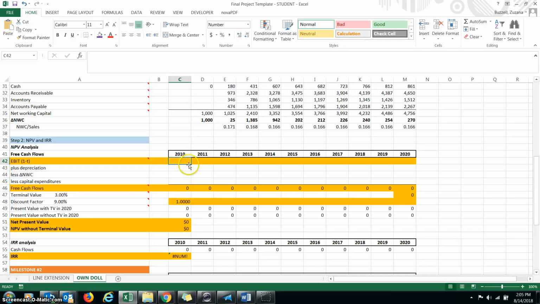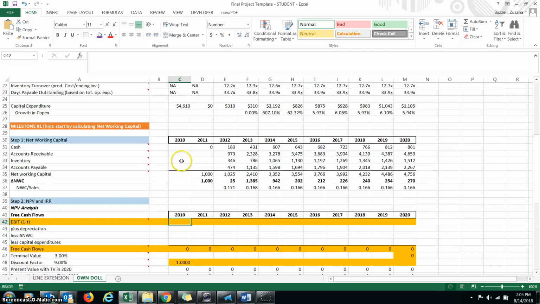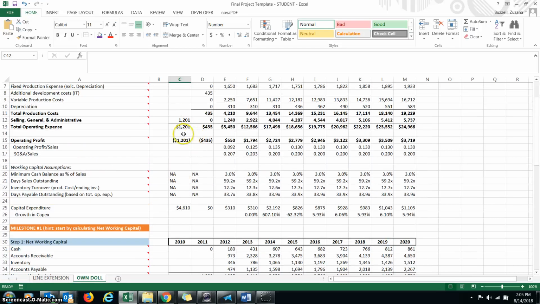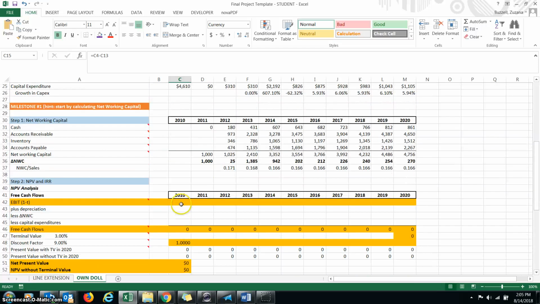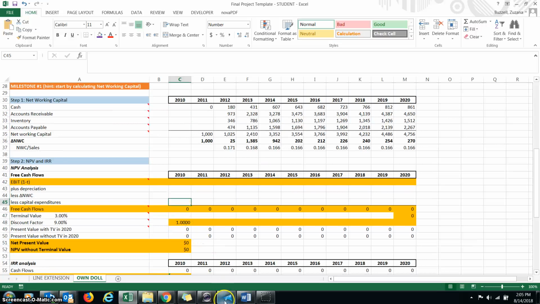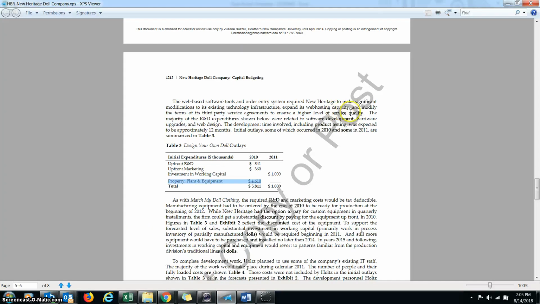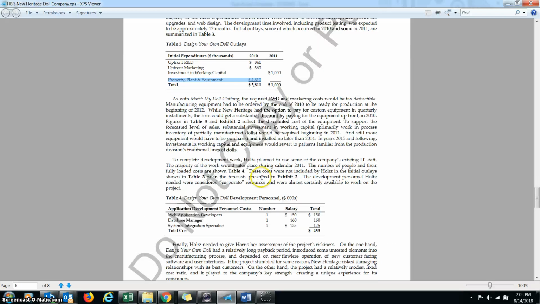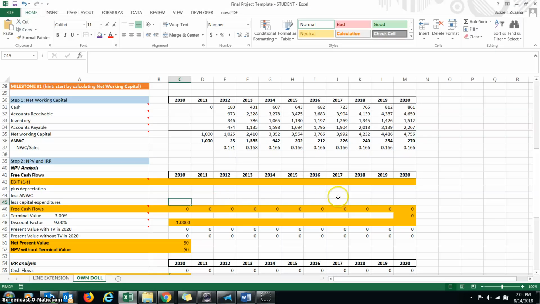Again, when you're calculating EBIT, please do not forget to calculate this loss from the operating profit in line 15, okay? So again, EBIT would be right here. Then you will put your initial capital expenditure right here because the case says so, okay? Related expenditure and so forth. And it's right on the page, I believe it's page 6, yes, page 6.